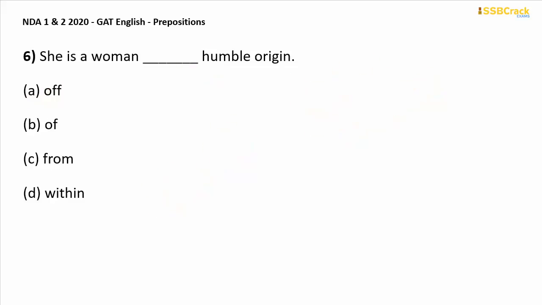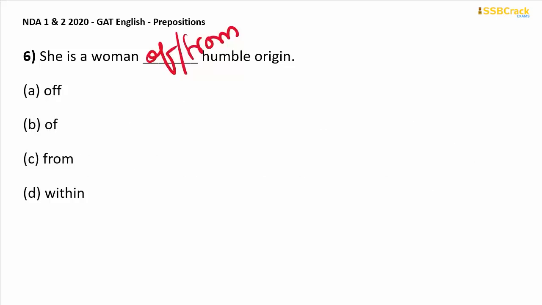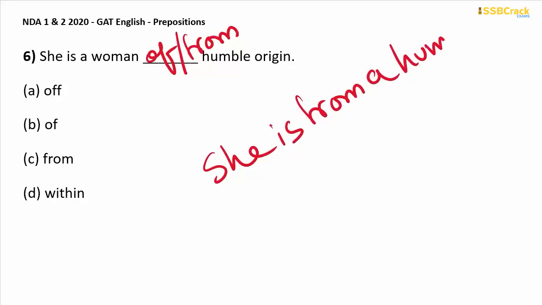The next question. She is a woman dash humble origin. Now again, many of the students have this confusion of using of or from. Well, there is a rule and you need to know that. When you are talking about anyone's background, you can say she is from a humble background or origin.